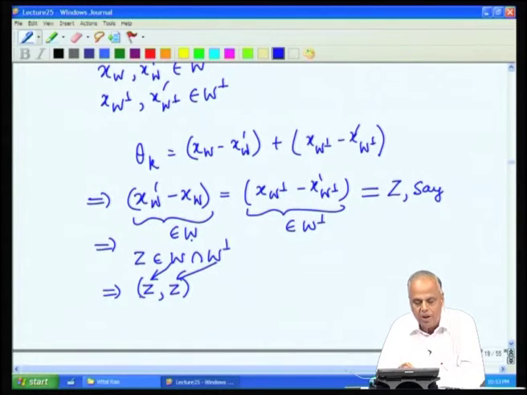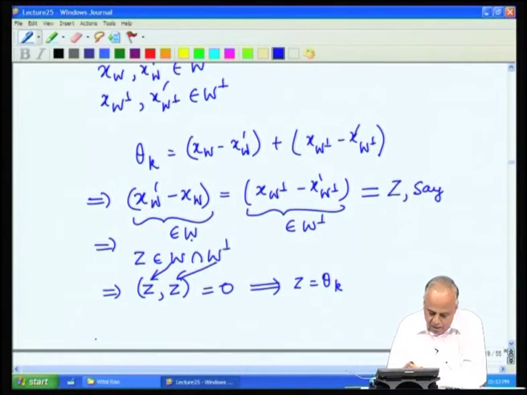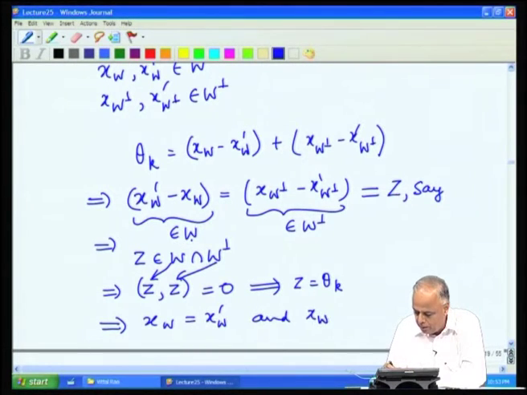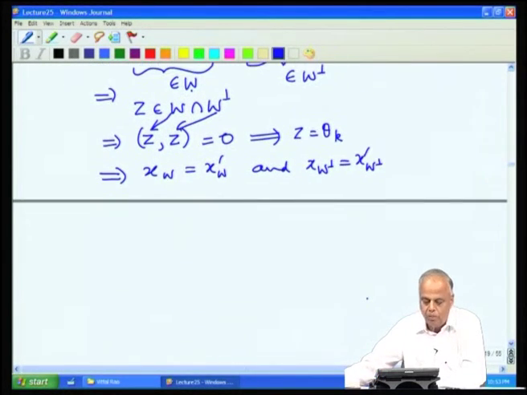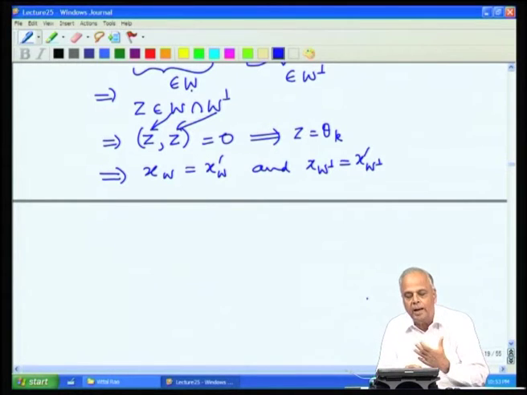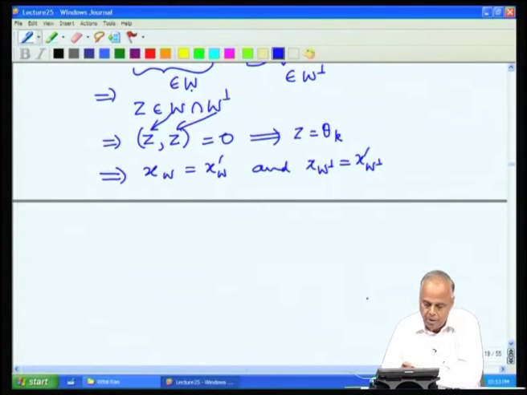Now, we have an inner product of a vector in W and a vector in W perp, and that must be 0, but the inner product is the length squared, and the length being 0 means z is equal to theta_k, and that says x_W must be equal to x_W prime and x_W perp must be equal to x_W perp prime. So, not only can we decompose a vector x as the sum of a vector in W and a vector in W perp, but this decomposition is unique.